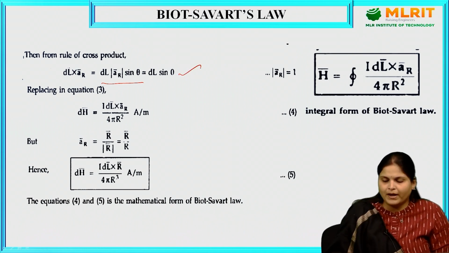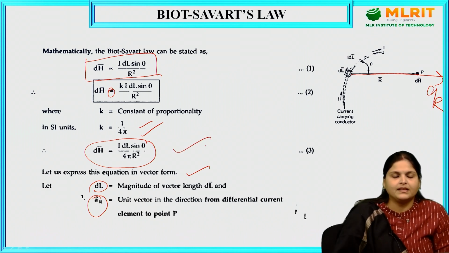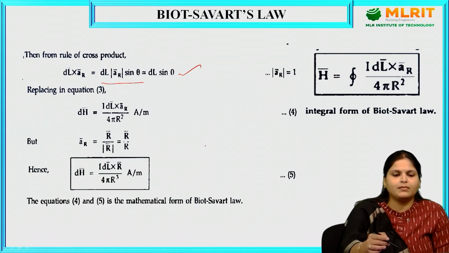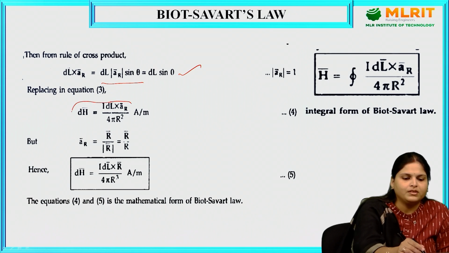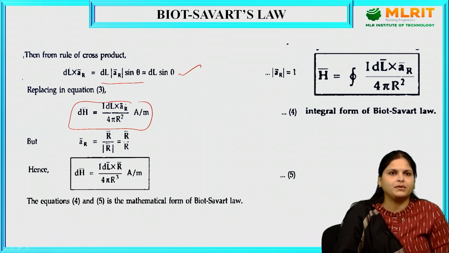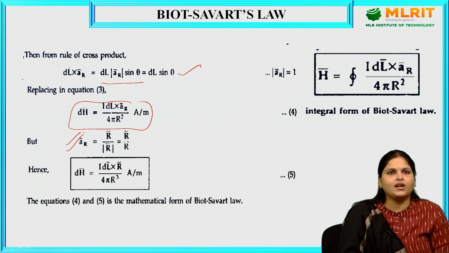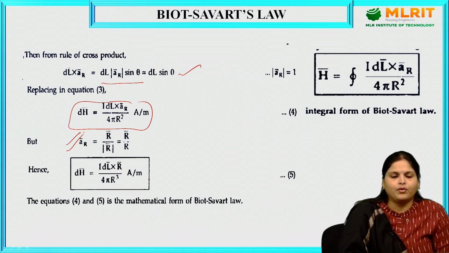Now, if we go back to equation number 3, I dl sine theta upon 4 pi r square is nothing but this. So, this can be written as dH is equal to I dl cross ar upon 4 pi r square, and the unit will be ampere per meter, where ar is the unit vector and it can be written as vector r upon mod r.